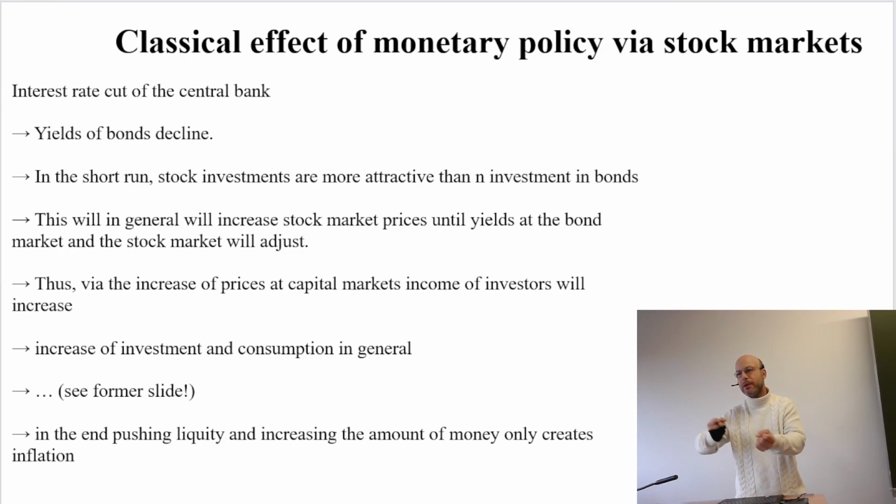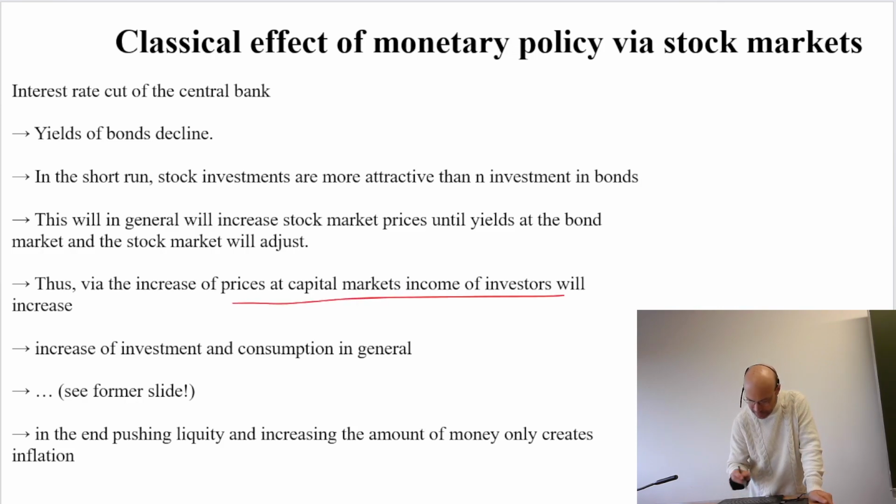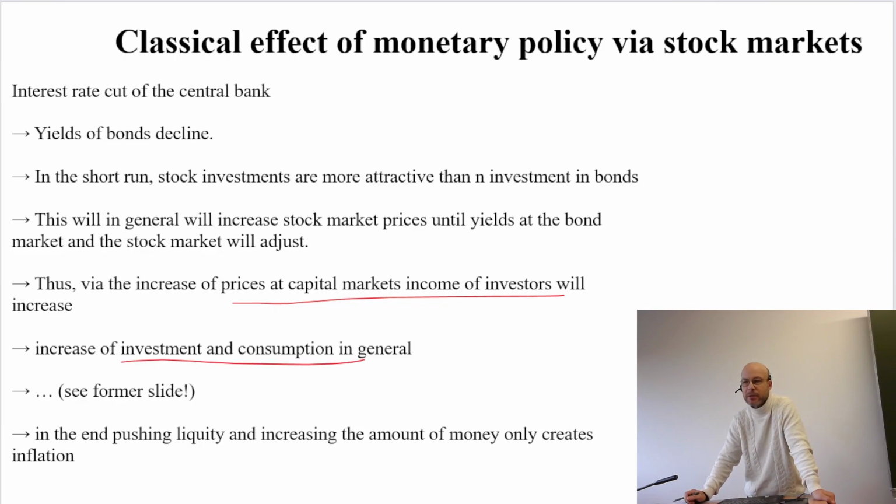If my income will rise, then my demand will increase. This is a general assumption or what we see in practice, that richer people will buy, of course, in general, more things, more goods and services. And so from this increase of income now, again, we will have a higher demand for consumption and investment goods.